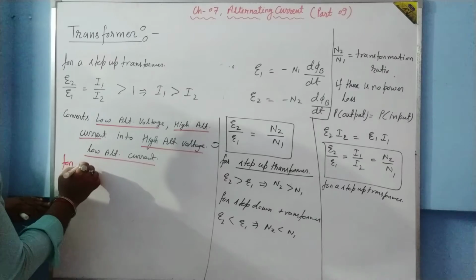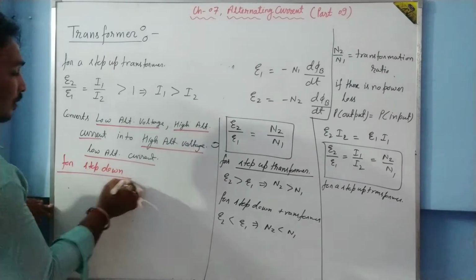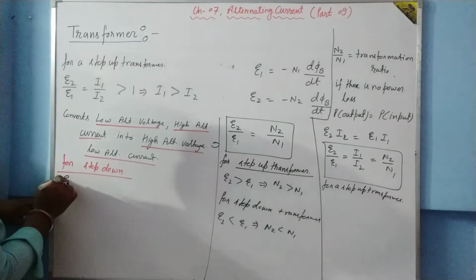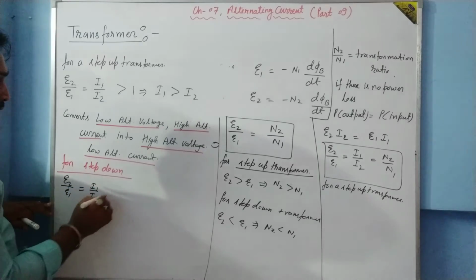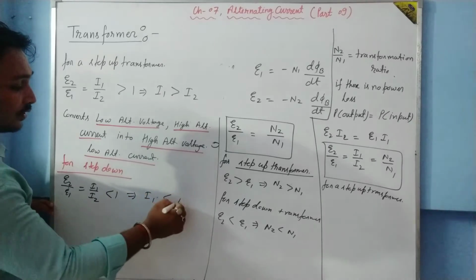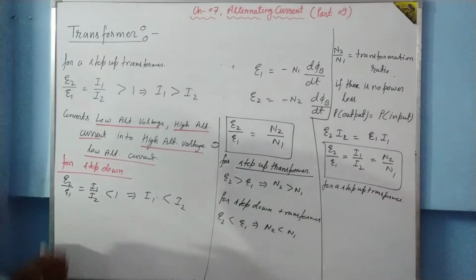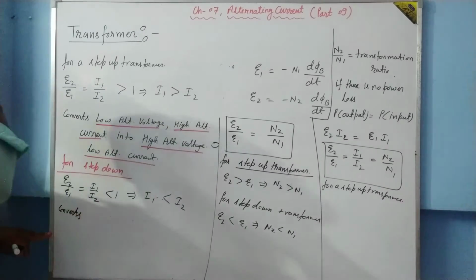The same goes for a step-down transformer. Step down. What does it do? E2 upon E1 is equal to I1 upon I2, which is less than 1, which implies that I1 is less than I2. Is it clear? So what does a step-down transformer do?